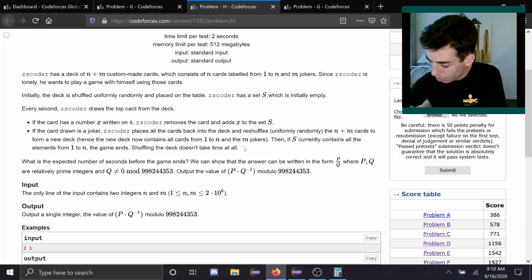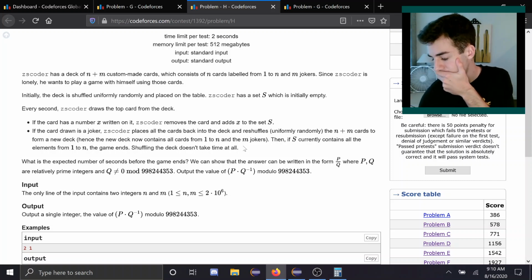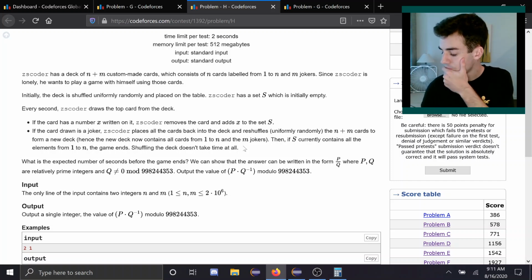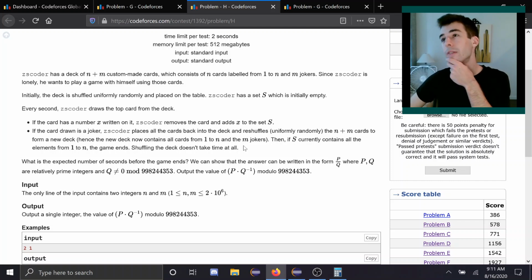So the new card would just be DP of n cards minus 1 by m jokers. What's the chance we get a joker? Well, it's that.